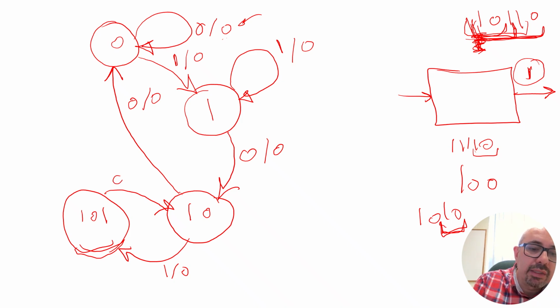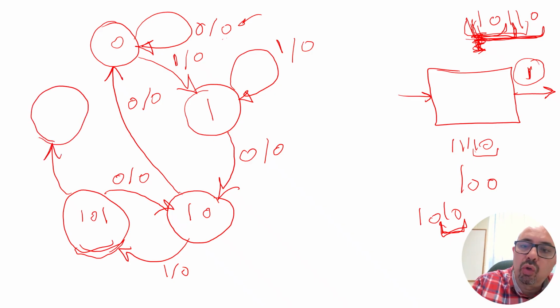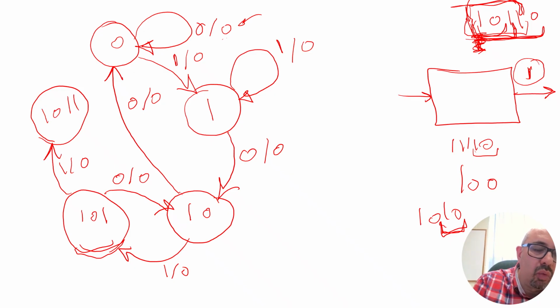So this is a 0 0, and then from here also the other option is to have 1 0 1 1. 1 0 1 1 means I am moving closer to the sequence that I am looking for. So this is a 1 0 and this is 1 0 1 1.